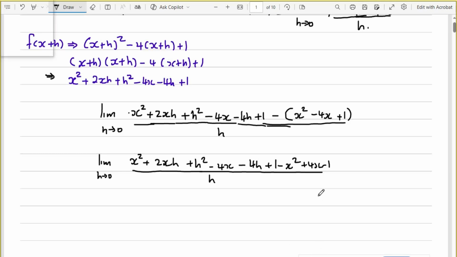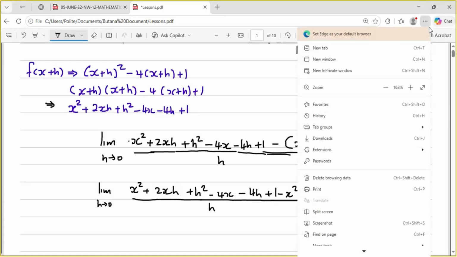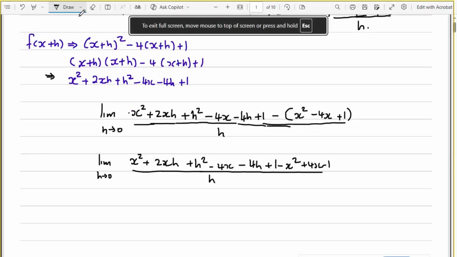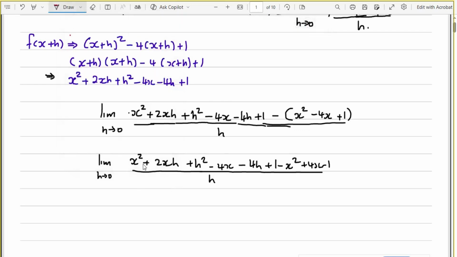So now I'm going to look at the like terms and cancel those guys. The x squared cancels with minus x squared, the 4x cancels with minus 4x, and the minus 1 cancels with the plus 1.